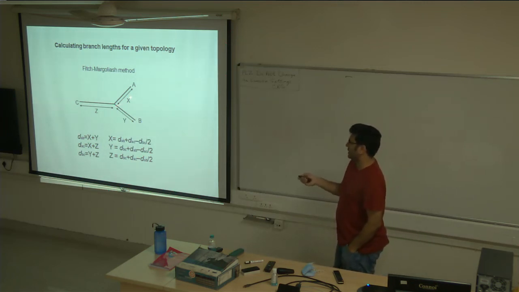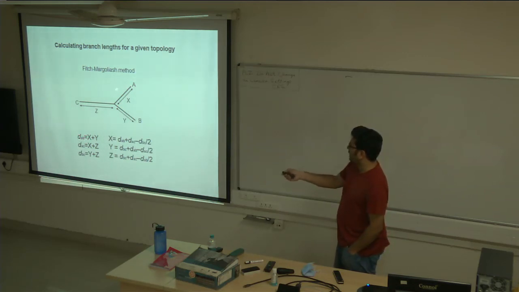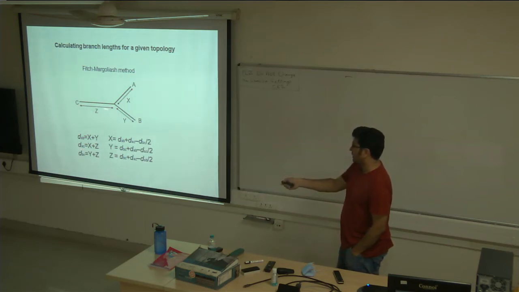It's very intuitive. The distance of A and B is the branches x plus y. The distance from A and C is given by the branches x and z, and the same for B and C, y and z.